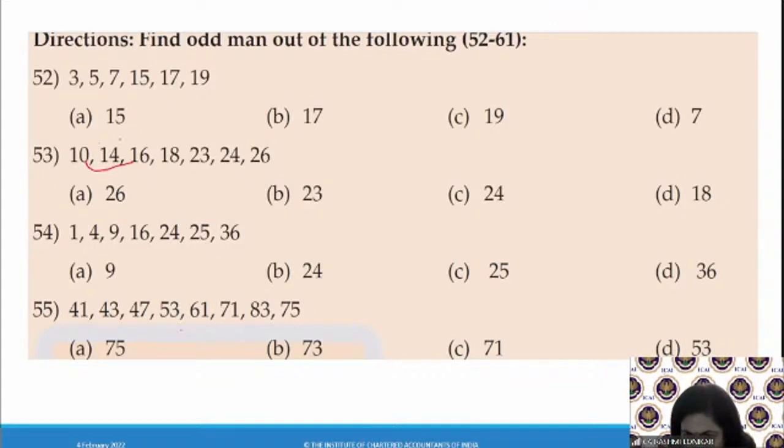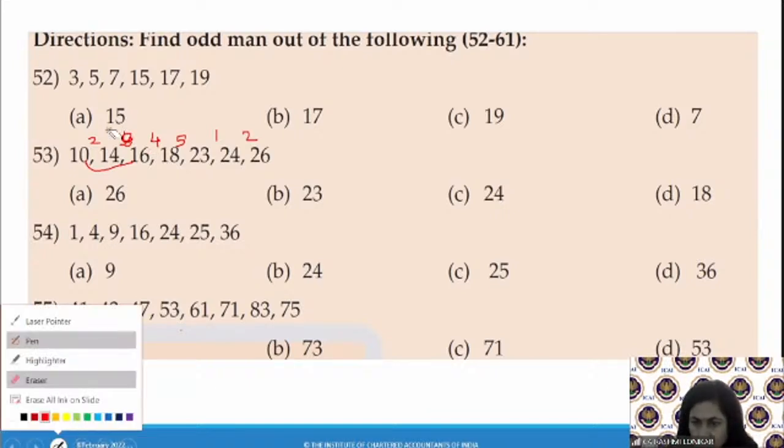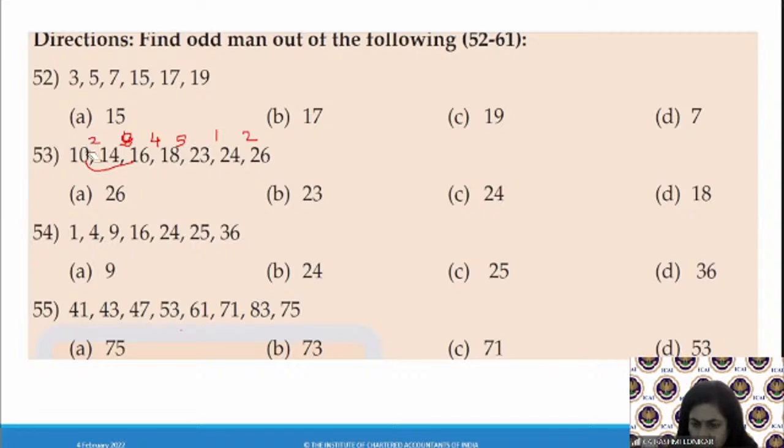This difference is 2, this difference is 2, this difference is 4, this difference is 23 minus 18 is 5. Then this difference is 1, this difference is 2. So this way I am not able to find, because the difference is not simply the normal differences that I know of.